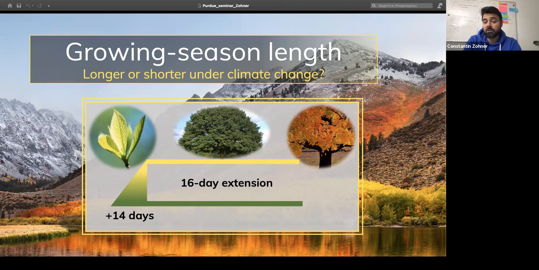Whereas for autumn, all we see is a very slight delay in autumn phenology by 2 days. So while in spring a lot seems to be happening, in autumn not much appears to be happening. And the question is, is that because it's all day length, or is it maybe because other factors are counterbalancing each other?